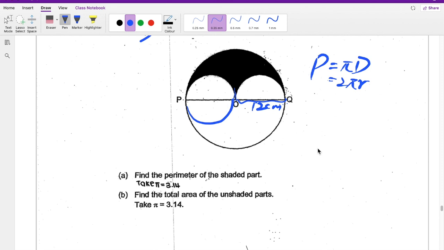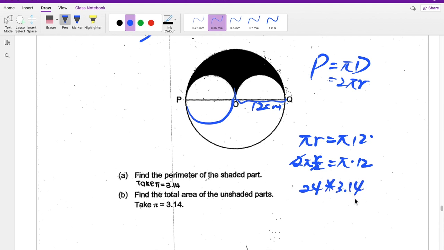Then the semicircle is pi r, equals pi times 12, right? And for the small circle, it's 2 pi, which if this is r, then this one is half of r, again pi r, 12. So in total, which is 24 times pi, right? So the answer is 75.36.